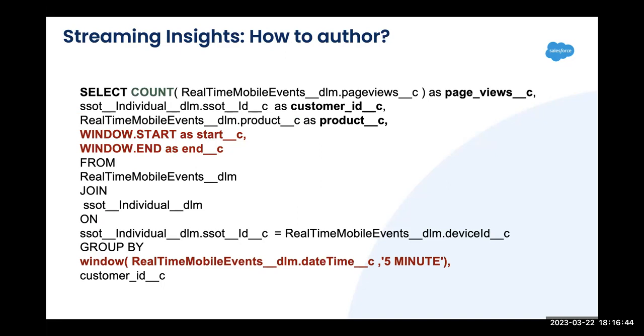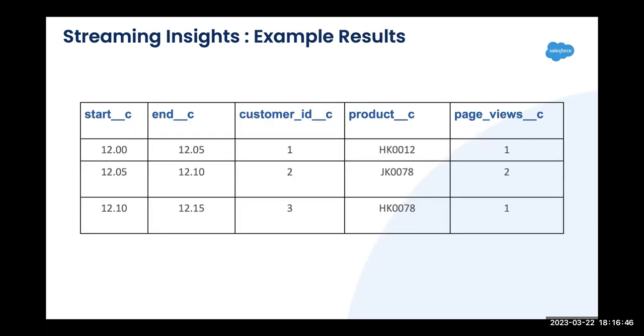So this is a simple query for how we can design a streaming insight. And finally, the example results: at a glance, start and end time, customer ID, what product was viewed, how many times he viewed the product. All these things you can design inside your streaming insights.